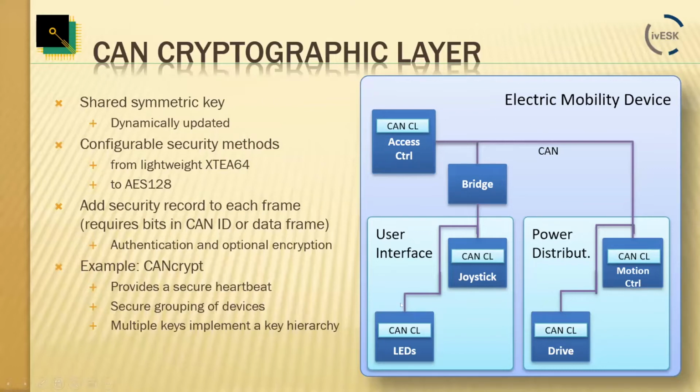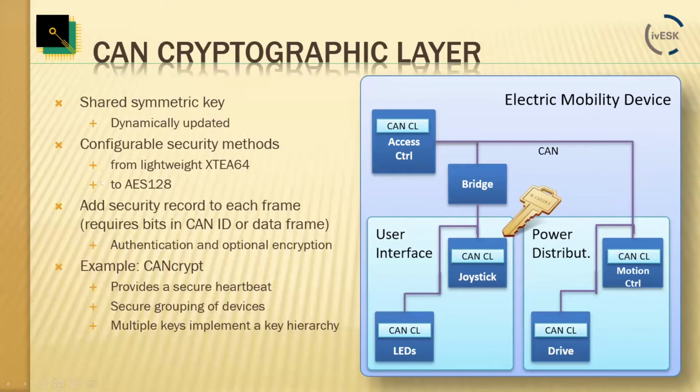So they have to have all the same symmetric key installed in all of these devices. And typically there is a method defined somewhere to update this key. While CANcrypt can do this dynamically while running, other systems might require a power cycle, a wake-up sleep cycle, or something else to refresh the key.